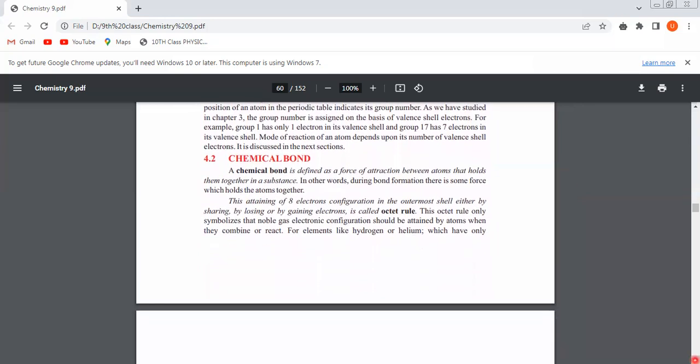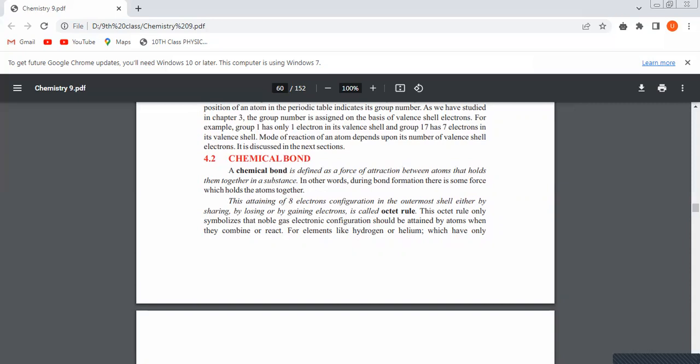Chemical bond. A chemical bond is defined as a force of attraction between atoms that holds them together in a substance. In other words, during bond formation, there is some force which holds the atoms together. Attaining octet electron configuration in the outermost shell, either by sharing, by losing, or by gaining electrons, is called the octet rule. This octet rule only implies that noble gas electronic configuration should be attained by atoms when they combine or react.